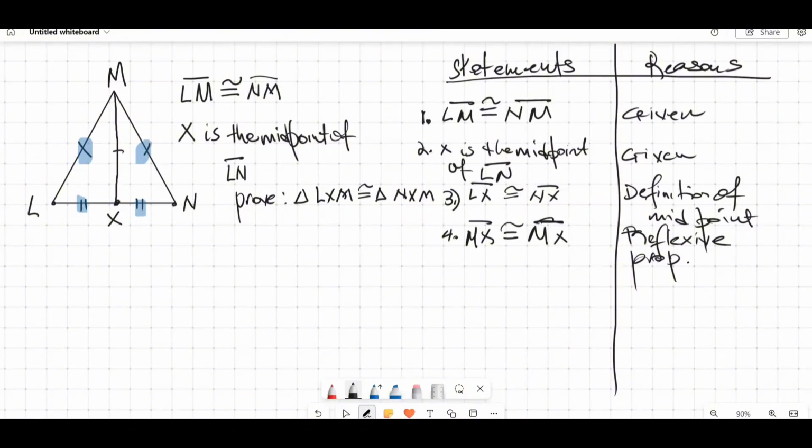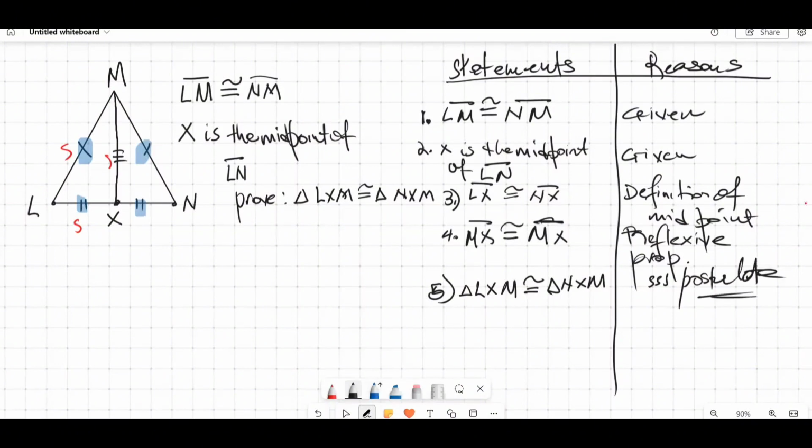So now we have a third side. As you could see, we have side, side, side. At this moment, when I realize that I have three sides, I could draw the conclusion that triangle LXM is congruent to triangle NXM, and this will be based on the side-side-side postulate.